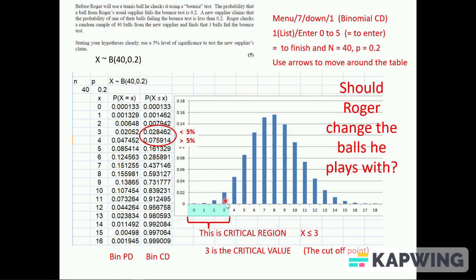We don't do individual probabilities. We don't look at these individual ones with hypothesis testing, because it might be, if n is really big, that all the probabilities are quite low. So we look for a range of values where we think the chance of that happening is too small. These values are too weird for us to accept that the p is actually 0.2.